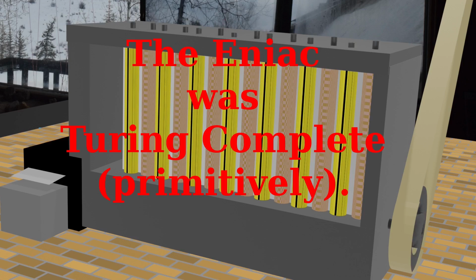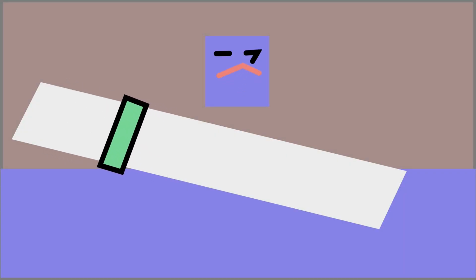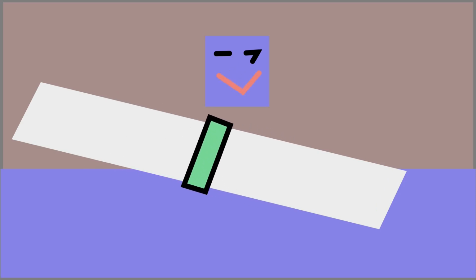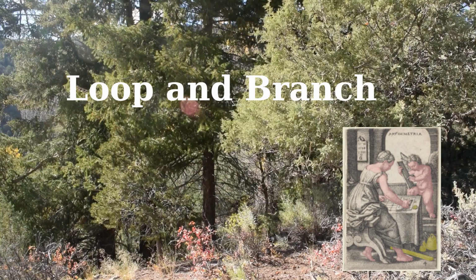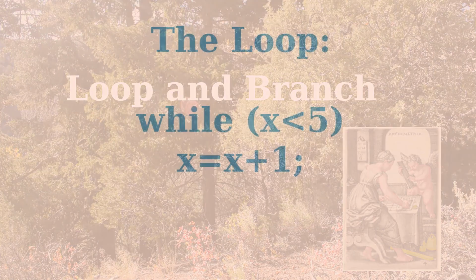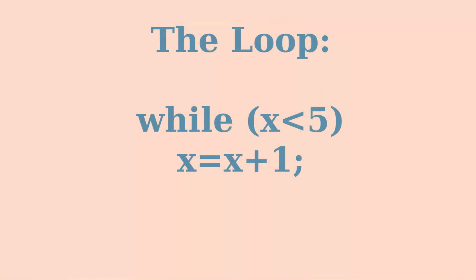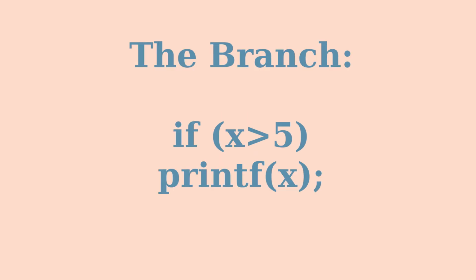A Turing complete computer has to be able to change the program steps based on the results of calculations. The two most important ideas are the loop and the branch. A loop in a program is movement backward to do some steps over. A branch is movement forward, skipping some steps.